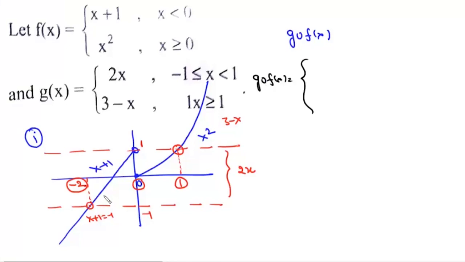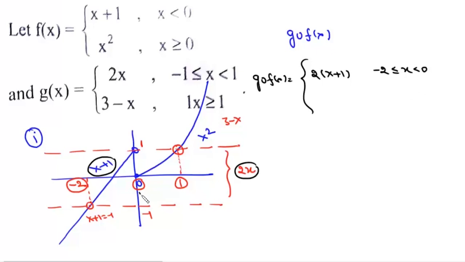The first interval is x lies between -2 and 0, not included. Here the definition is x plus 1, and we'll go to the definition 2x, so it will simply be 2x plus 1. Since this function is discontinuous at 0, we do not know whether we have to include 0 here or in the next one. So as of now, we won't bother about this equality sign.